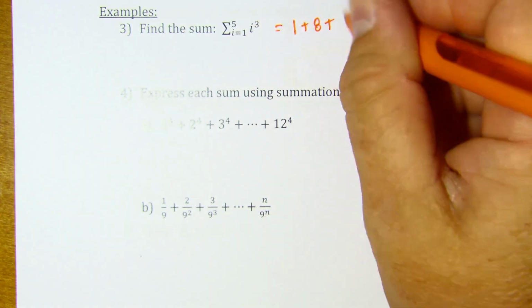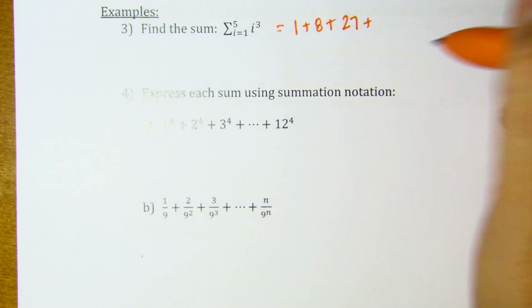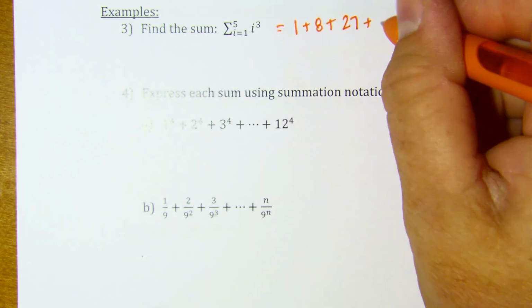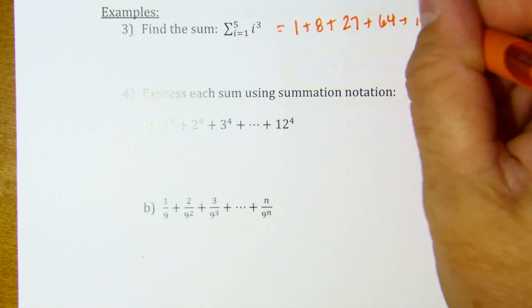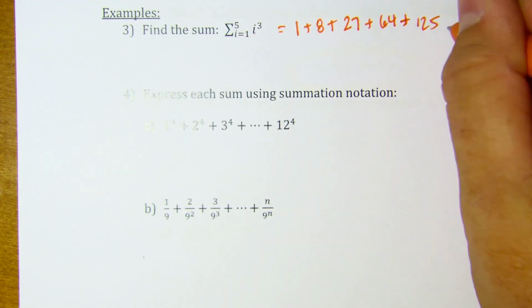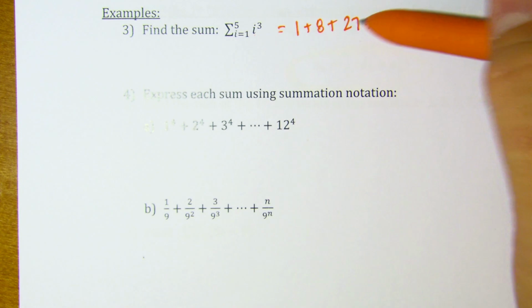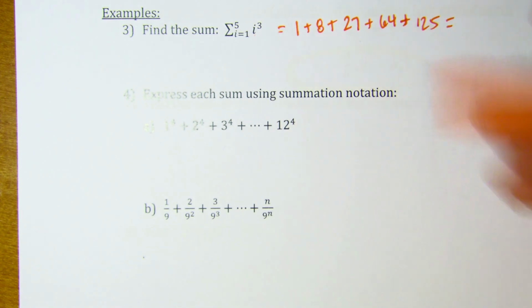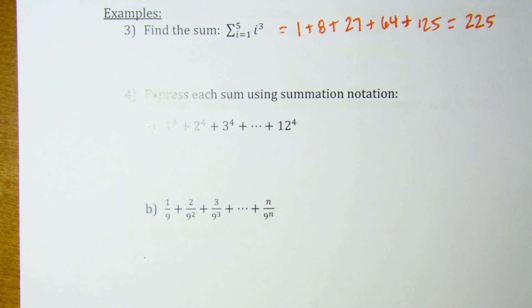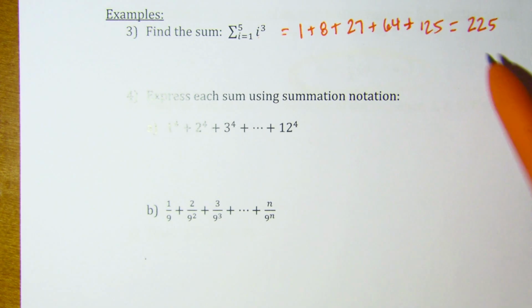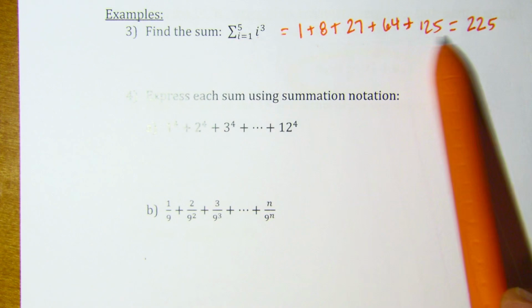And plugging in 3 cubed is 27. And plugging in 4 cubed is 64. And then plugging in 5 cubed is 125. And if I add up 1 plus 8 plus 27 plus 64 plus 125, that equals 225. And that's all summation notation is showing us, is what we need to add up.